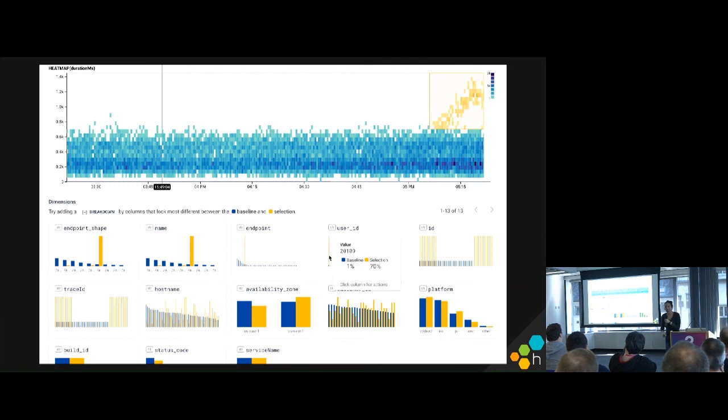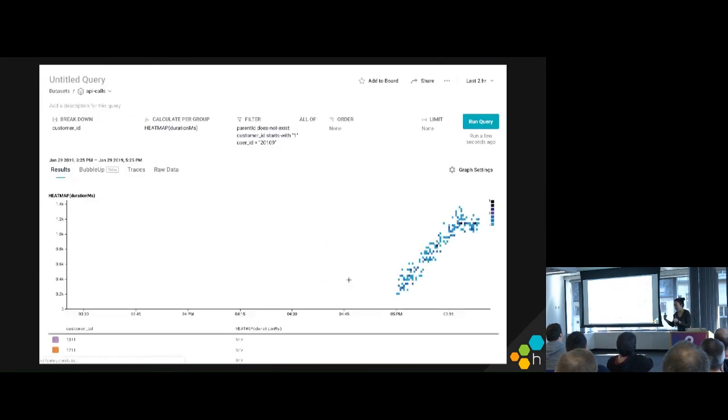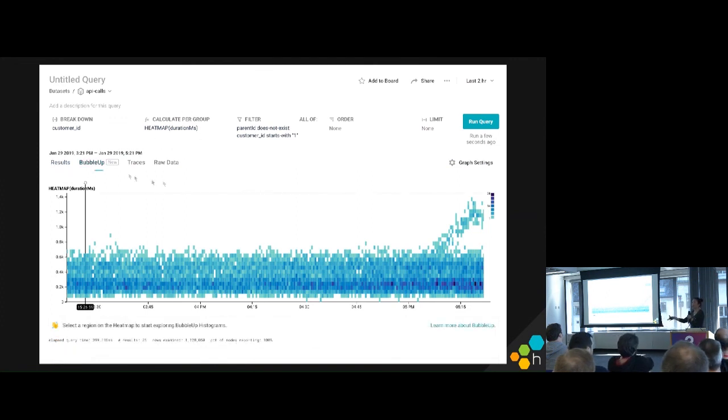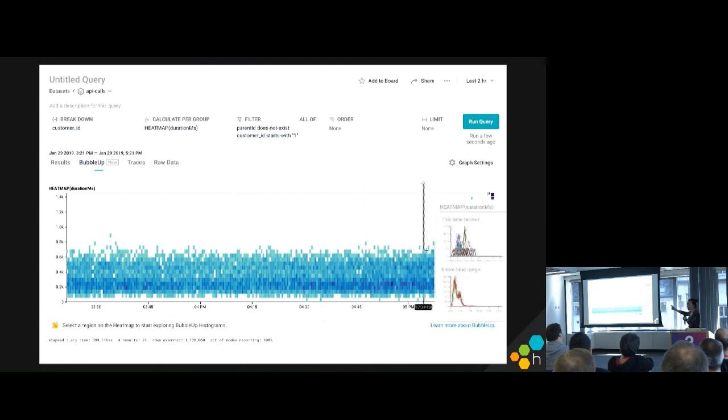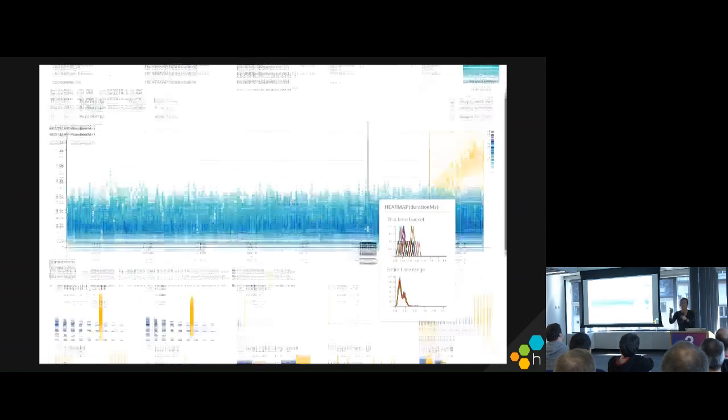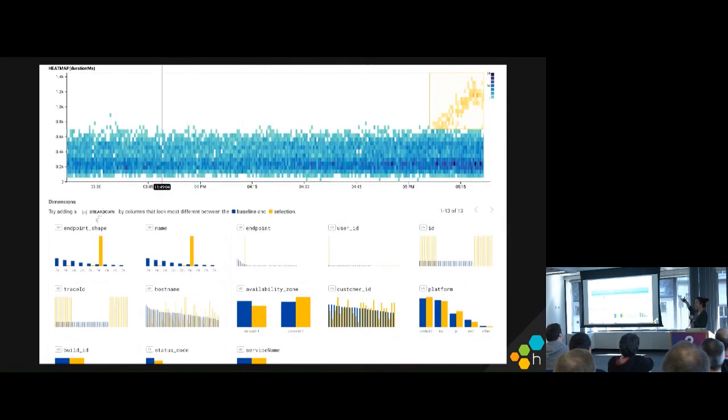Interesting. Let me go dig in there. And I can do things like isolate which user it is. By getting our data in a shape where smart tools can take advantage of it, instead of relying on all these disjoint log lines and trying to grep across them, we can start to do really smart things like this that make it easier to figure out where to start looking, who some degenerate symptom is affecting.